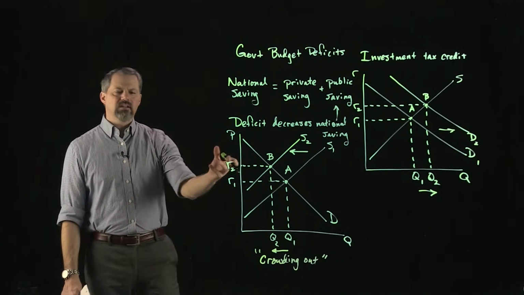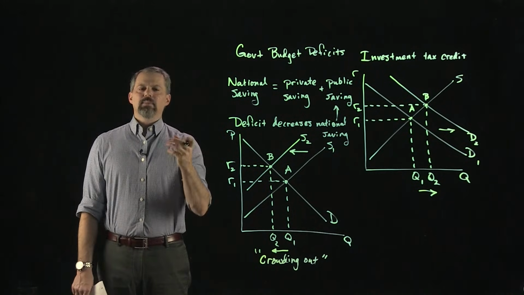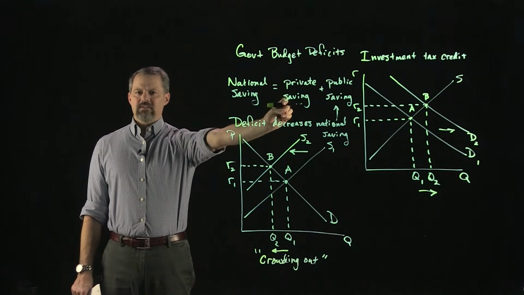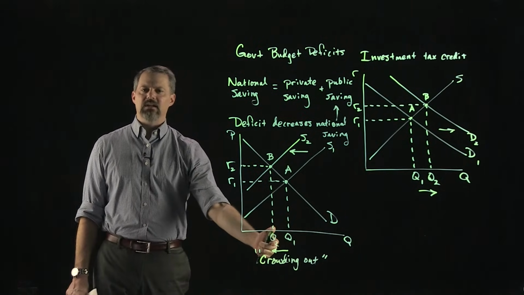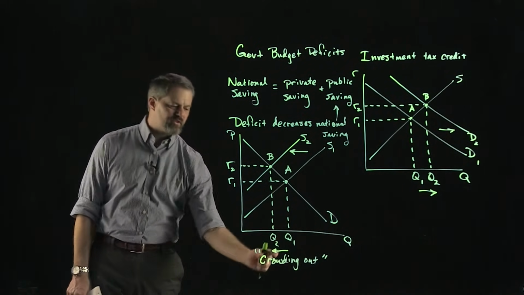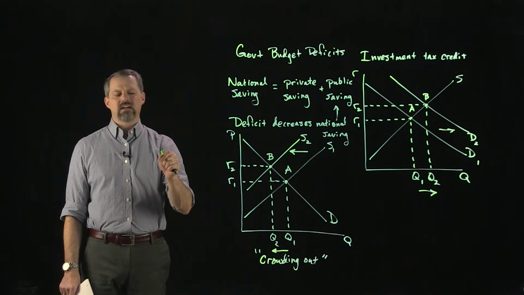And you can see that one of the potential implications of government budget deficits is that it can have a detrimental impact on long-run growth in the future. It's going to decrease the amount of saving and investment that takes place in an economy.